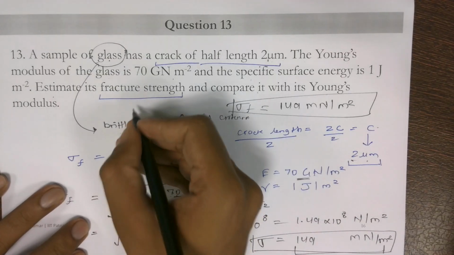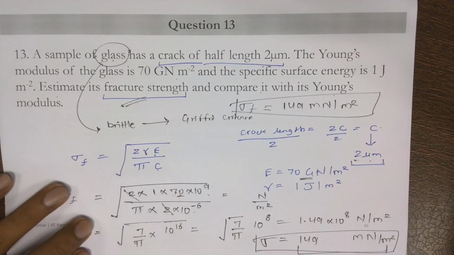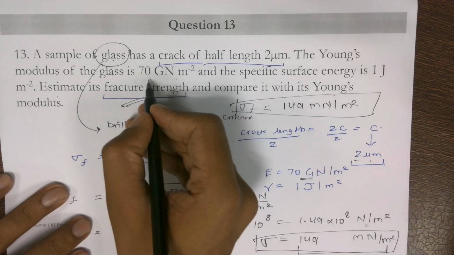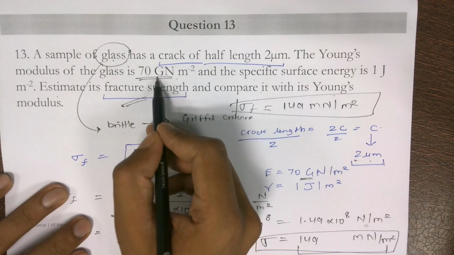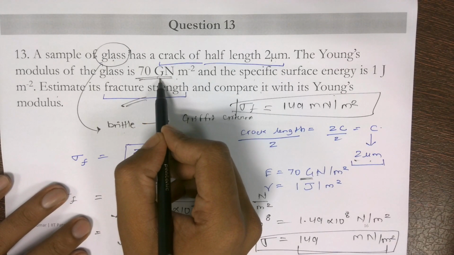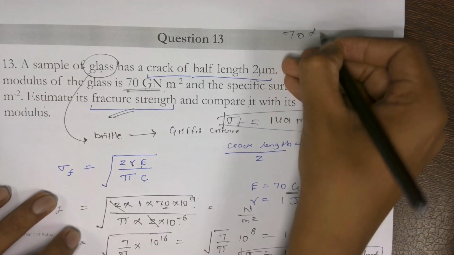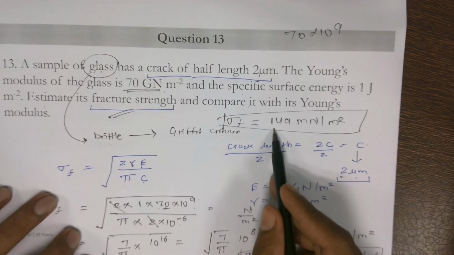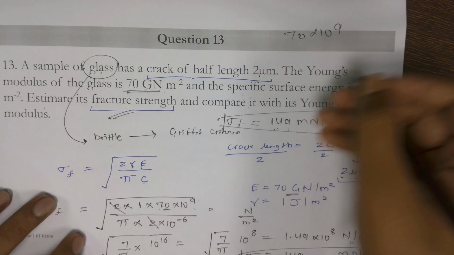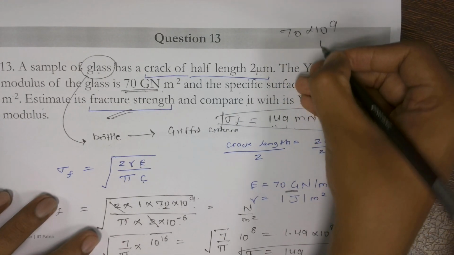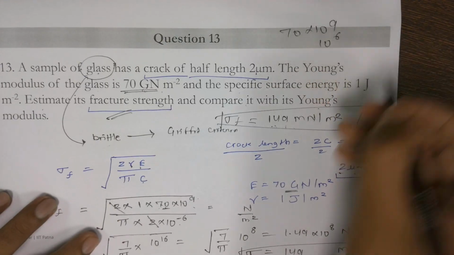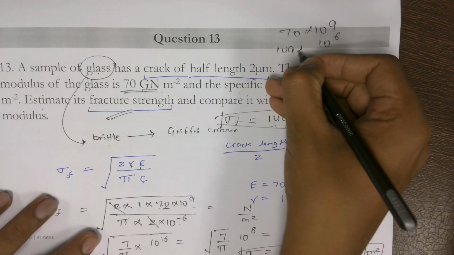Compare it. So our first task is done. Compare it with the Young modulus. Young modulus is what? 70 G is given, right? So 70 into 10 to the power of 9. What this is? It is 10 to the power of 6, 149.